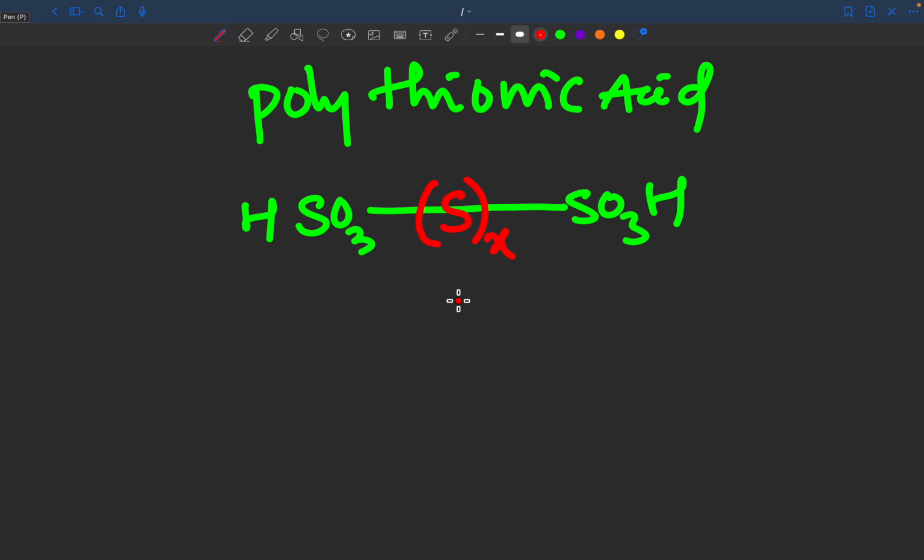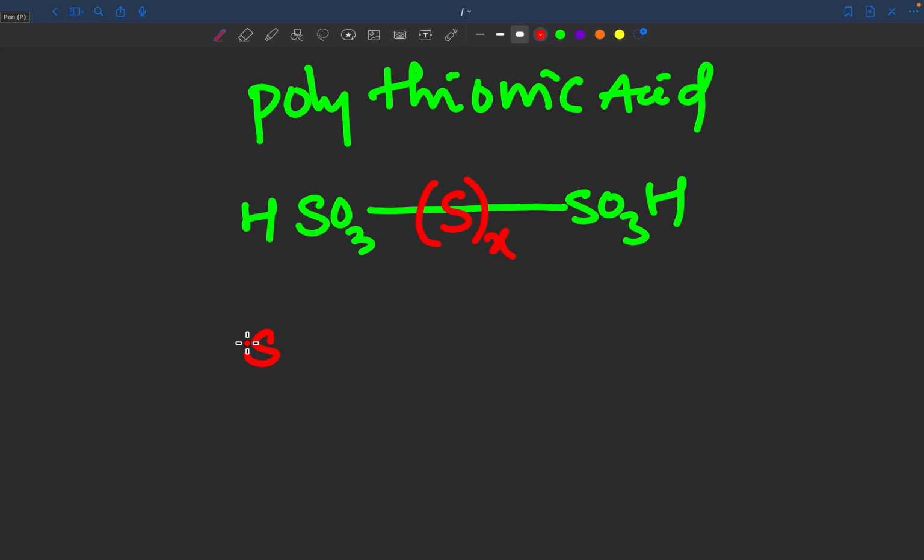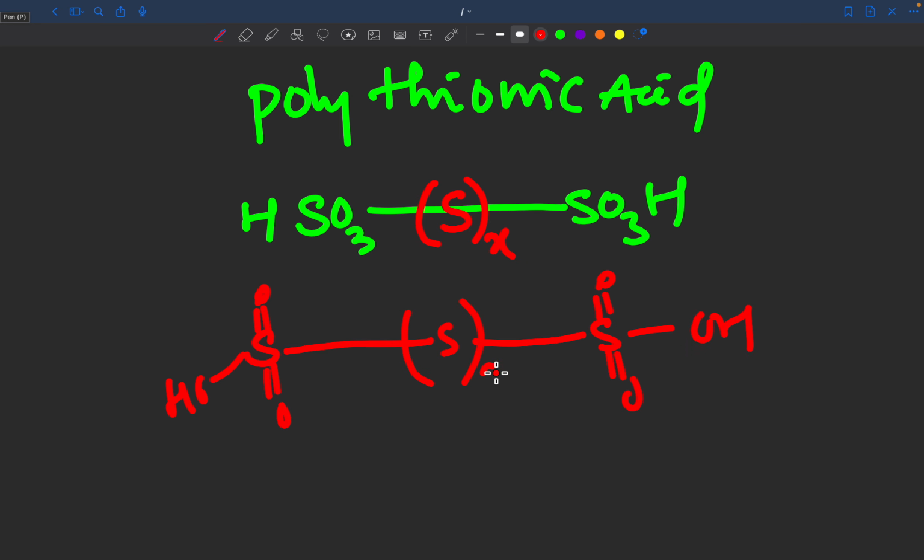Here I put X, have a look. So the meaning of this is you have a sulfur double bonded oxygen and OH, and this is connected to sulfur double bonded oxygen and OH. Here, in place of the sulfur, I put X. If X equals 0, what will be the formula? Tell me.